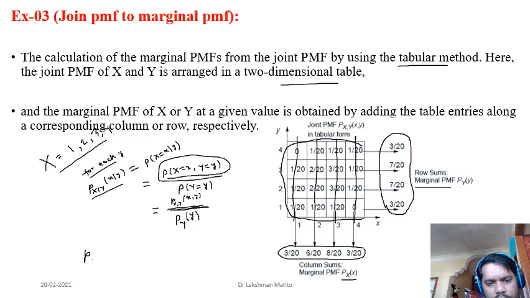If someone asks to calculate the joint PMF of any two random variables X and Y, taking jointly the value x from X and y from Y, it would be the product of the marginal PMF of Y into the conditional PMF of X given Y.